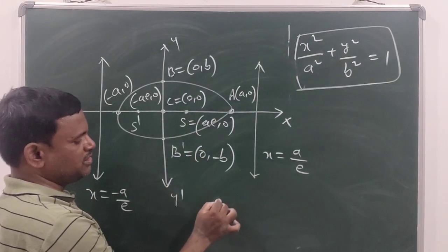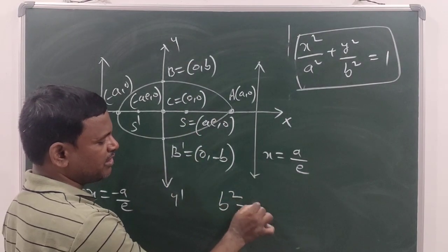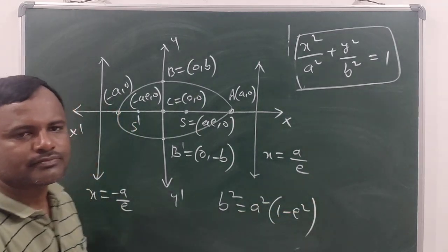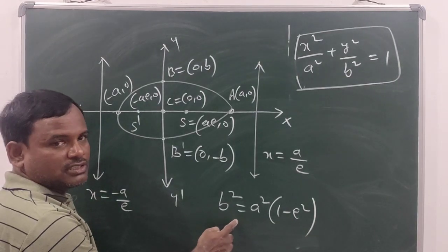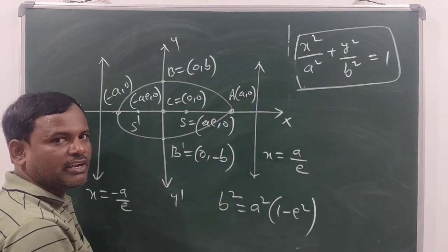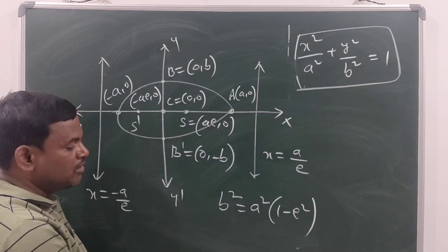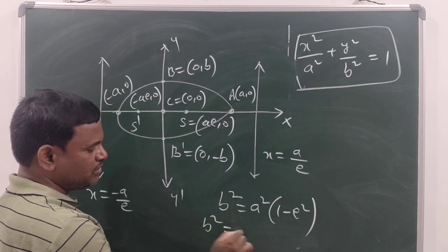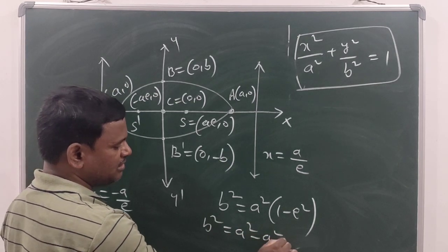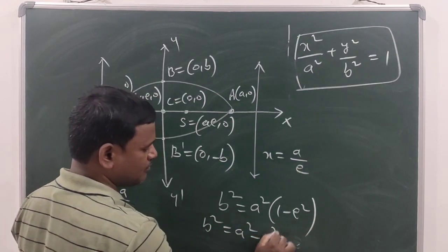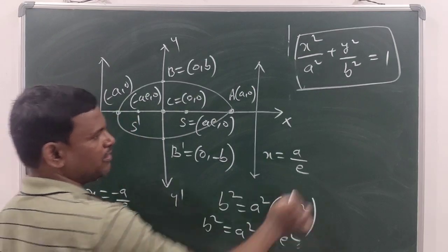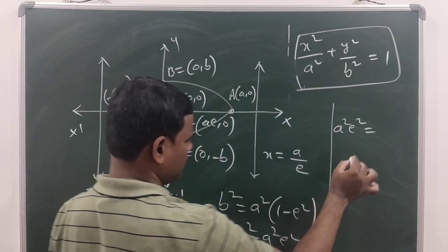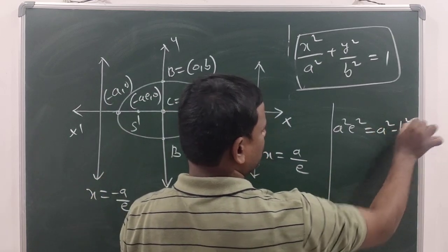So for this ellipse we got b square is equal to a square times 1 minus e square. This relation we got while deriving the ellipse equation. Now simplify this: b square is equal to a square minus a square e square. Bring it to the left side, so a square e square is equal to a square minus b square.